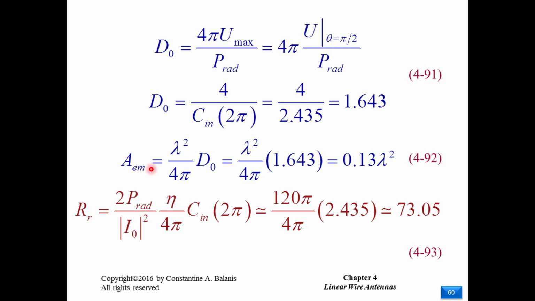The effective aperture is lambda squared over 4 pi multiplied by the directivity, which is 0.13 lambda squared. The radiation resistance equals the radiated power divided by I naught squared, which gives us around 73.